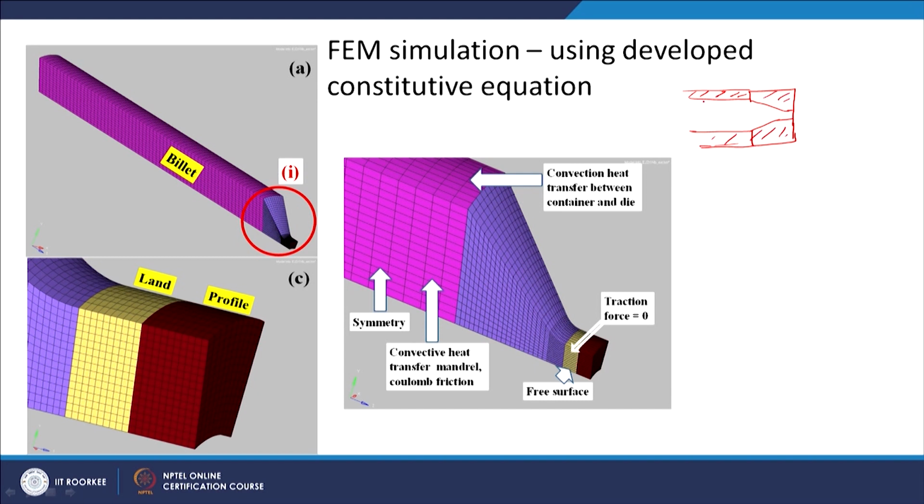The billet will be put here, and it will be deformed. The cross sectional area will reduce. So, this is my output which I am going to get, and this is my input. And of course, there will be a ram here to push it through, and the material will come out and there will be deformation, the cross sectional area is reducing and so on.